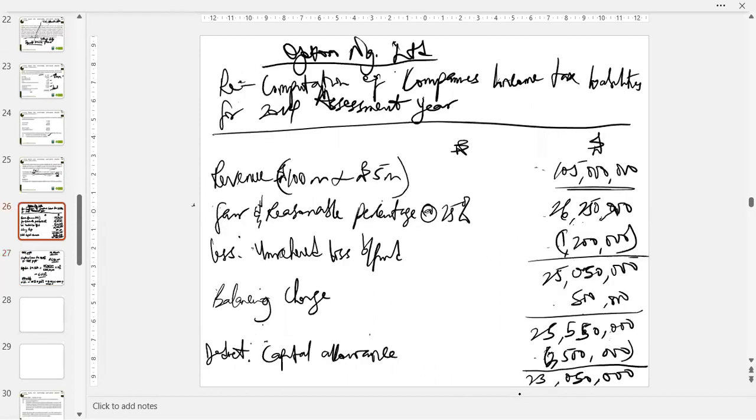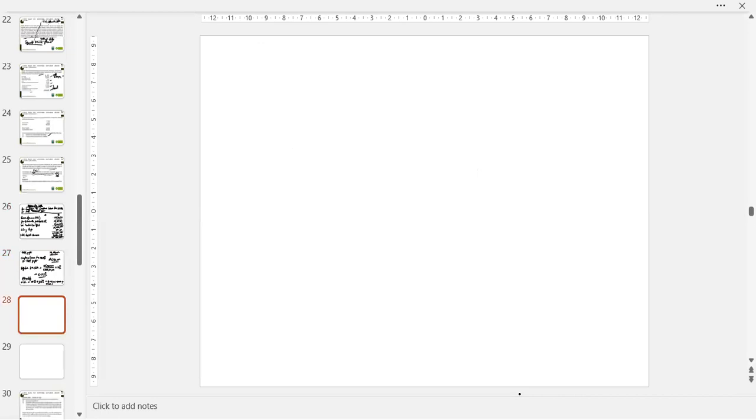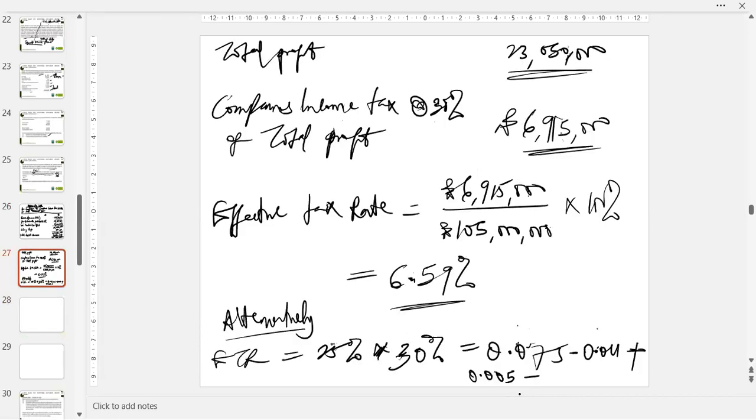Then lastly, we have the capital allowance. Our capital allowance is 2.5 million, so 2.5 million divided by 105 million gives 0.024. So punch your calculator: 0.075 minus 0.011 plus 0.005 minus 0.024.